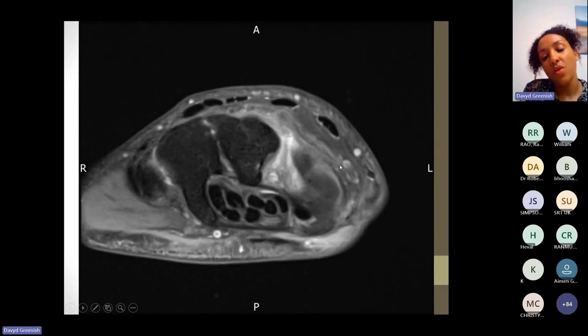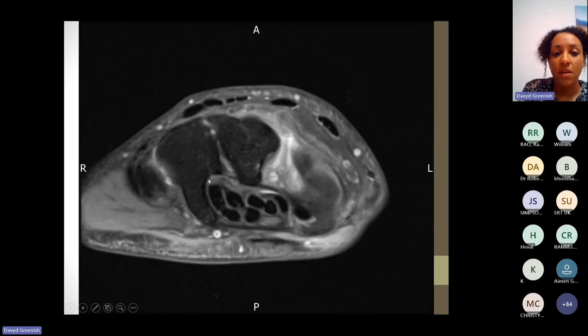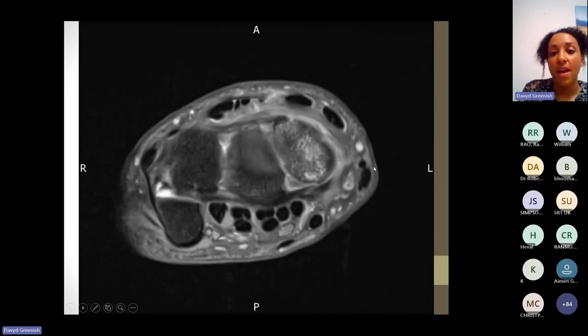And then when you're looking at the carpal bones in the axial plane like this, it's good to look for some landmarks. Some of those include the hook of hamate. That can help you orientate.